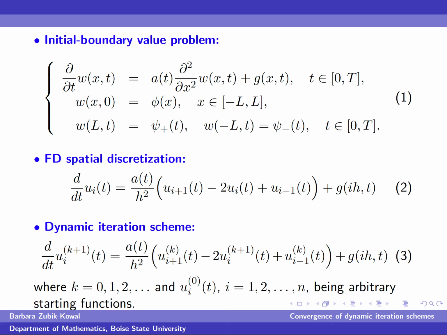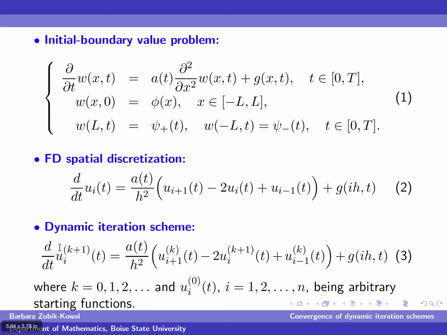In order to investigate this reason theoretically, we need to introduce some notation. And if we consider this initial boundary value problem written in this form labeled by 1 with the heat equation, and then if we apply the finite difference spatial discretization, we get such a system of ordinary differential equations written in this form labeled by 2. Now, after the application of dynamic iterations to this system 2, we get this simpler system.